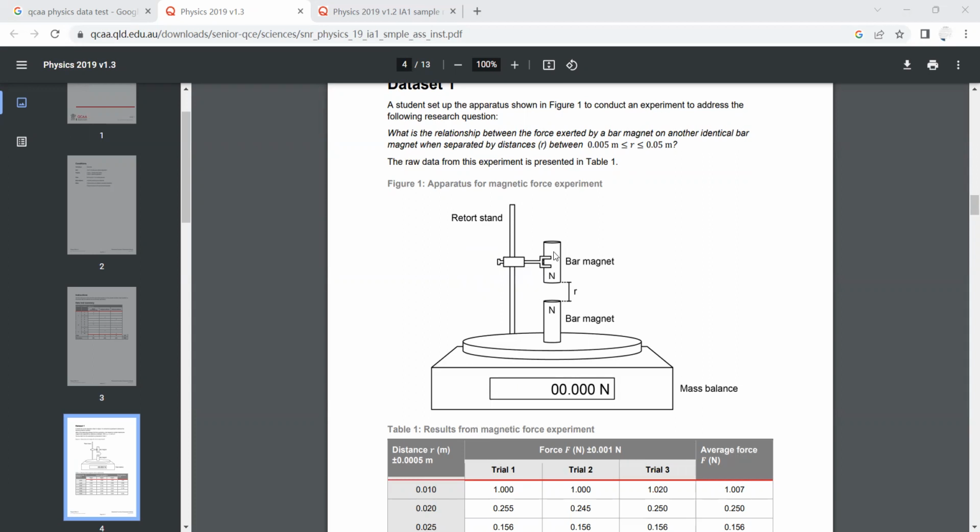In this way, the top bar is not placed on the mass balance. Because of magnetic force, the top bar will apply magnetic force to the bottom bar, and therefore influence the reading of the mass balance.